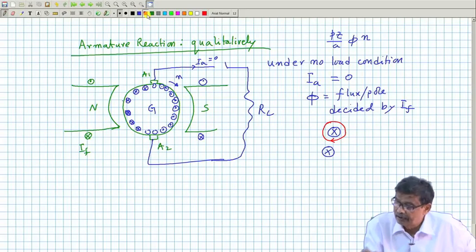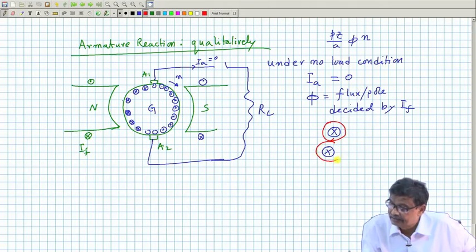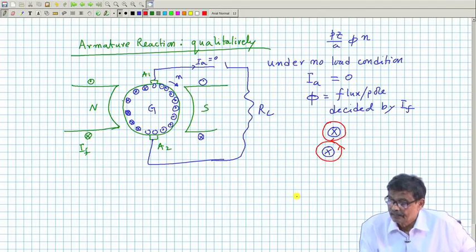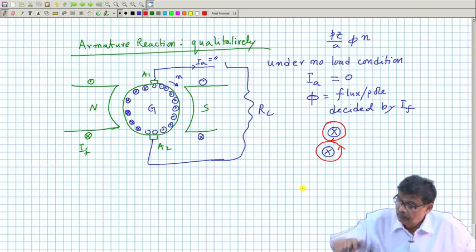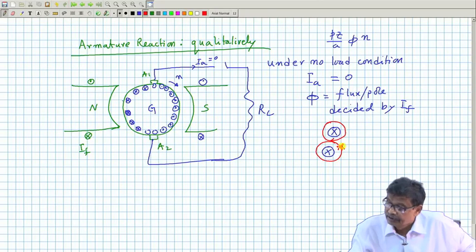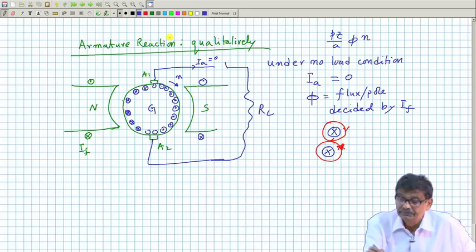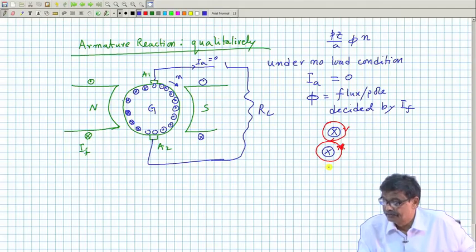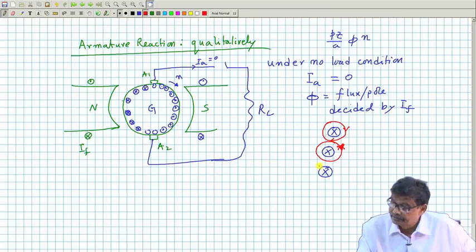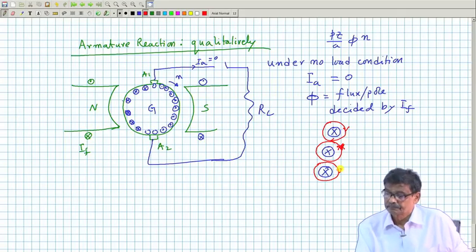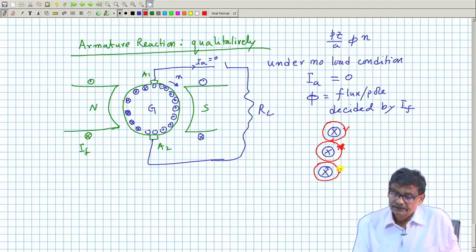It will produce its own magnetic field in the same direction, clockwise. Another third one, I am just drawing because it is a qualitative explanation. This is another conductor, cross, and it will produce its magnetic field like this.